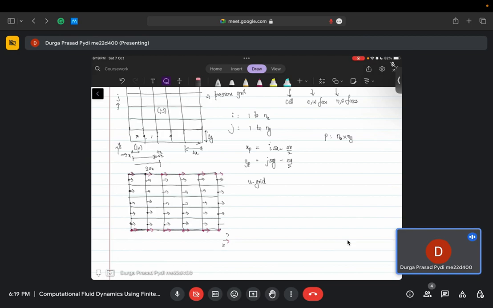When I try to balance the continuity equation, I will be doing it on the cells. My cell will be this. Maybe just one cell is enough.